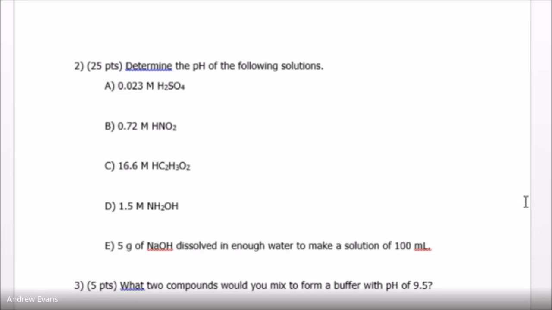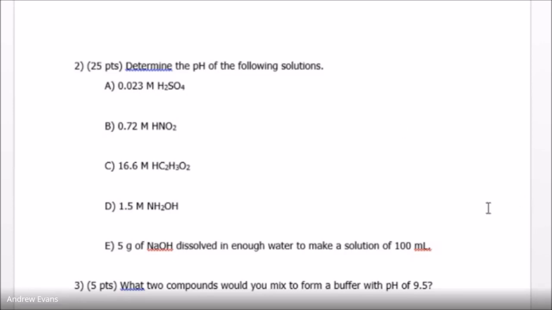It's a base with a Kb of 1.1 times 10 to the negative 8. And then finally, we have 5 grams of NaOH in 100 mL.